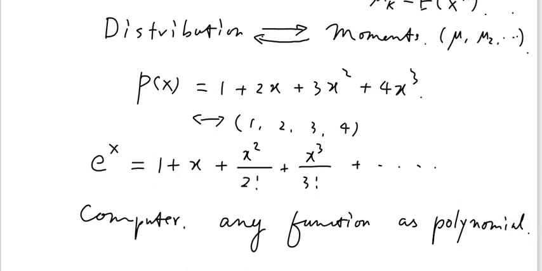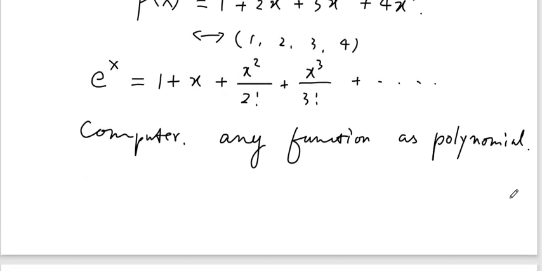Right? So in computer calculation, a computer can only do addition, multiplication, and those things. Right? So how can a computer find e to the x? It just uses this, right?